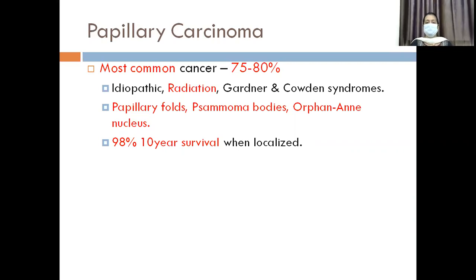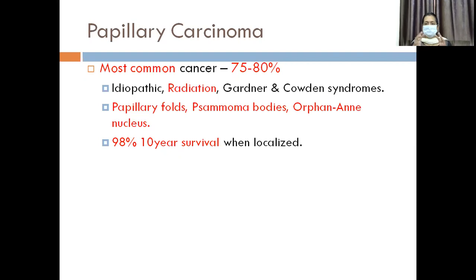The pathognomonic feature is the papillary fronds. Psammoma bodies are the concentric calcifications that are formed, and Orphan Annie nucleus is a nucleus of the papillary carcinoma, which is pathognomonic of papillary carcinoma, that it has intranuclear vacuolations.